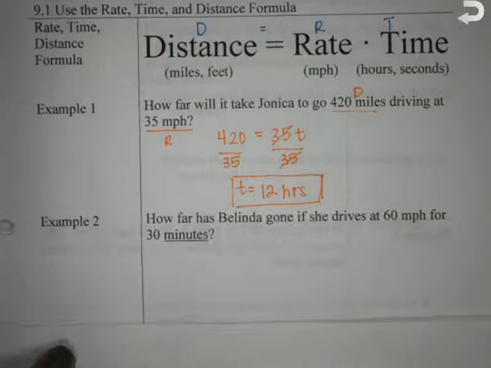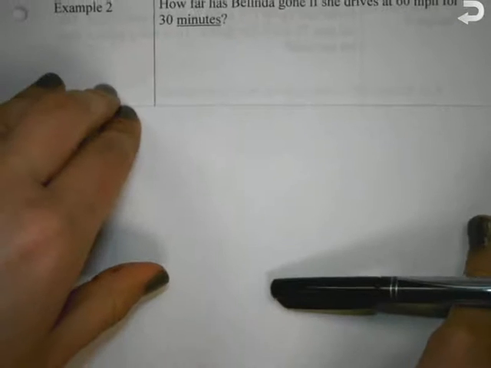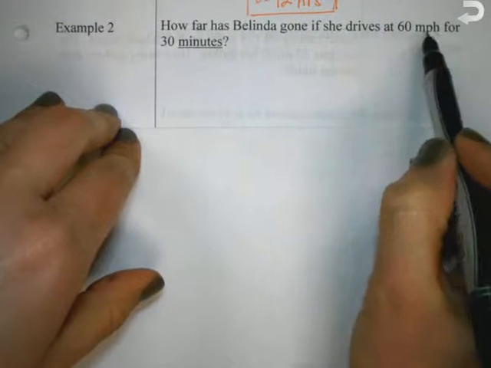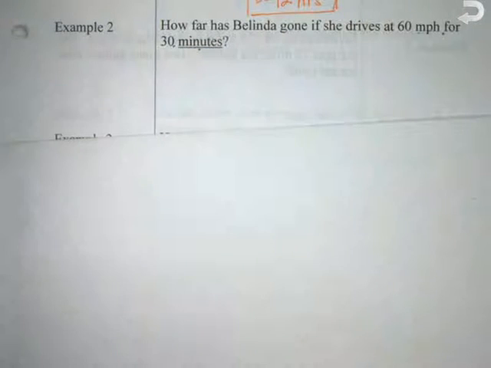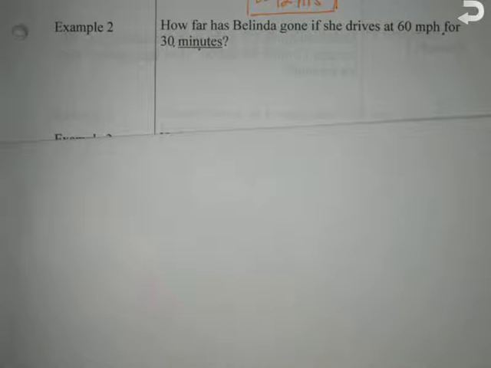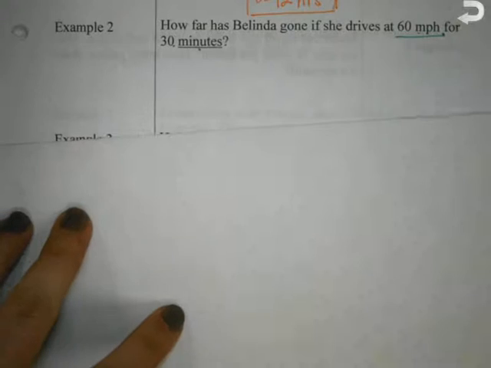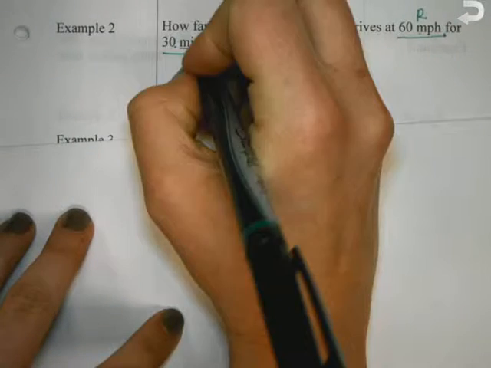How far has Belinda gone if she drives 60 miles per hour for 30 minutes? Do my units match up? No. My rate is miles per hour. My time is in minutes. It would be 30 miles. Okay?